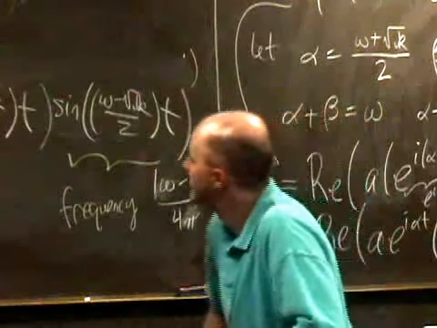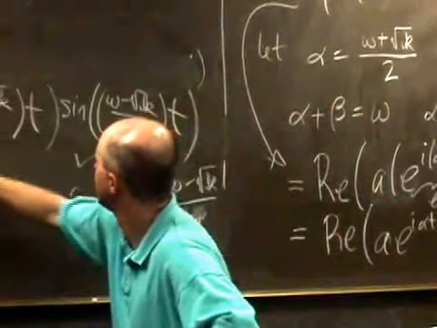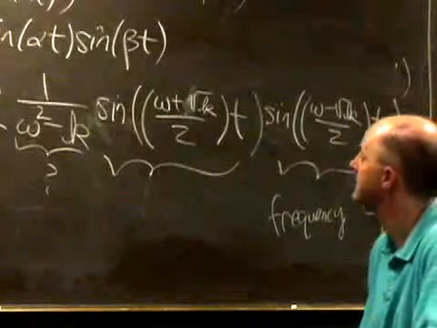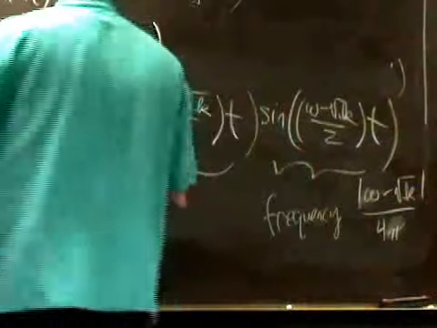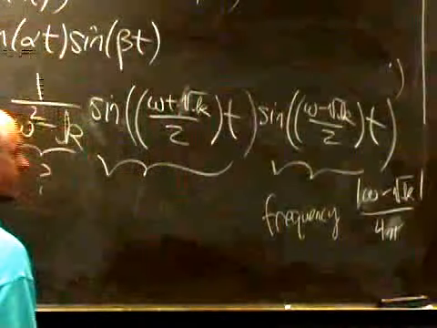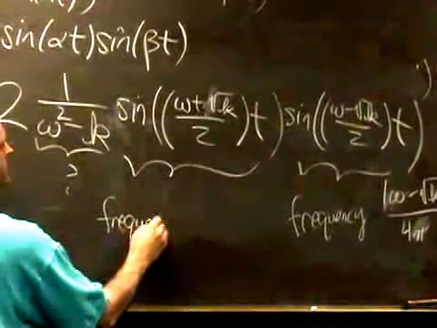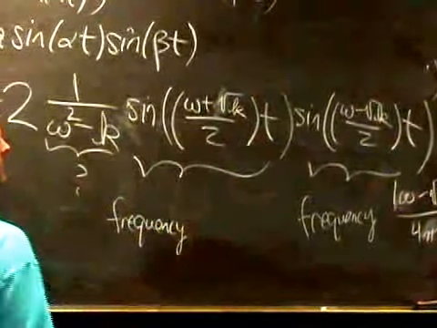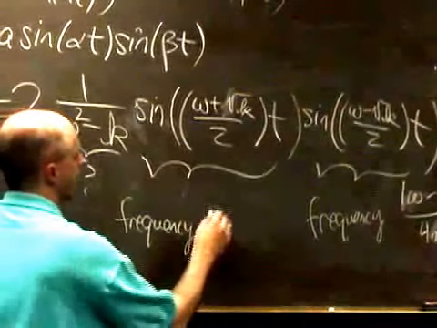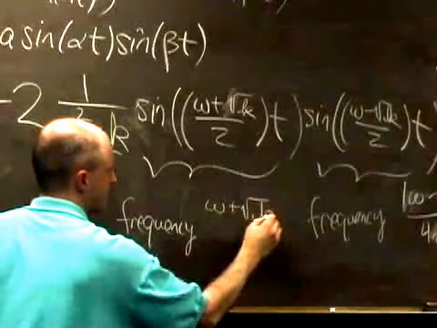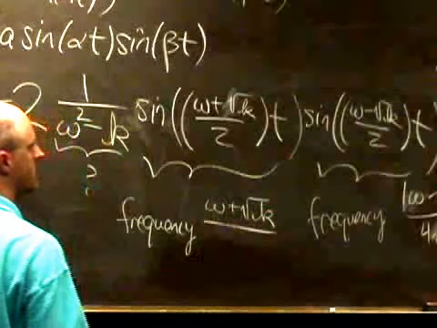On the other hand, this term is going to have a much higher frequency, especially the closer ω gets to the square root of k on a relative scale. It still might not be a huge frequency, but on a relative scale, the frequency of this part will be much bigger. I don't need absolute value signs here because those are positive.